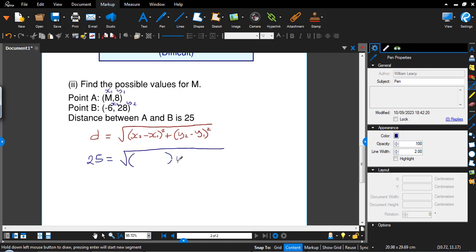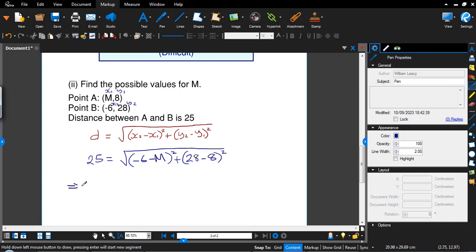what? So x2 is -6, x minus x1, which is m. y2 is 28, y1 is 8. So it's 28 minus 8.